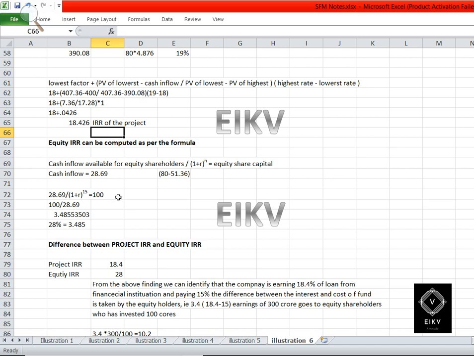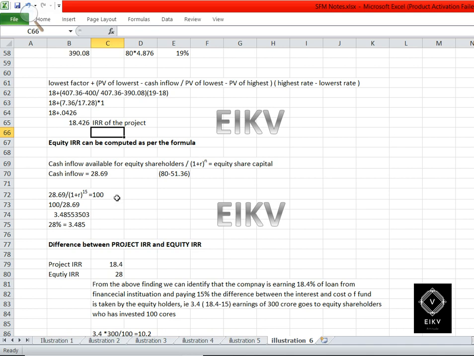So for the computation of IRR of the equity, the cash inflow of equity shareholders divided by 1 plus R, the whole raised to n, equals equity share capital. Equity share capital is 100 crores, right? Therefore 28.69 crore divided by 1 plus R, the whole raised to 15, equals 100 crore.